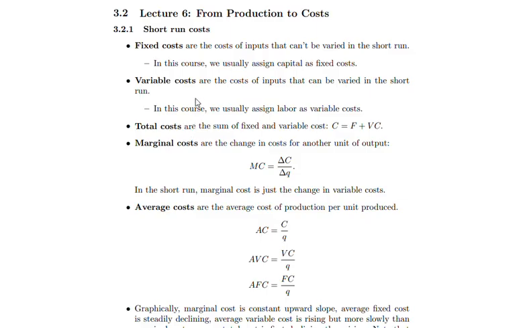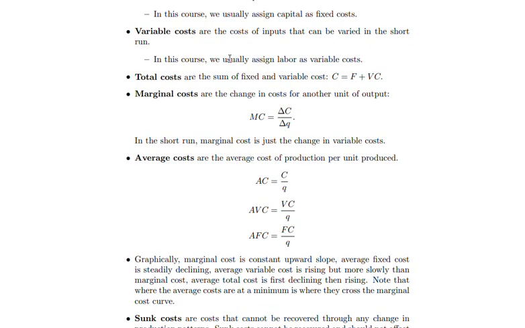So the total cost is fixed cost plus variable cost. We use C to represent total cost, the fixed cost is FC, and variable cost is VC. The marginal cost is the change in cost for another unit of output.